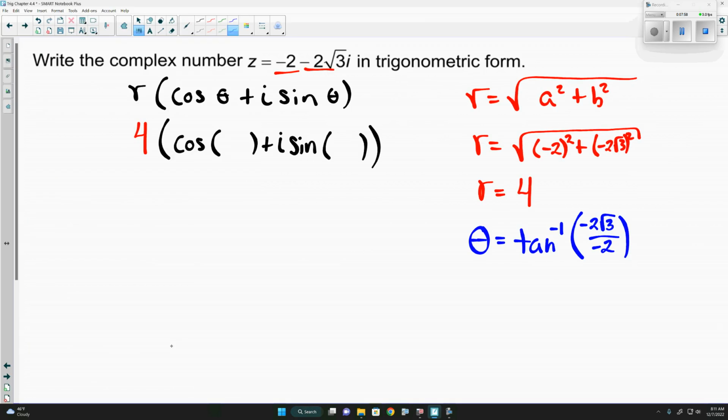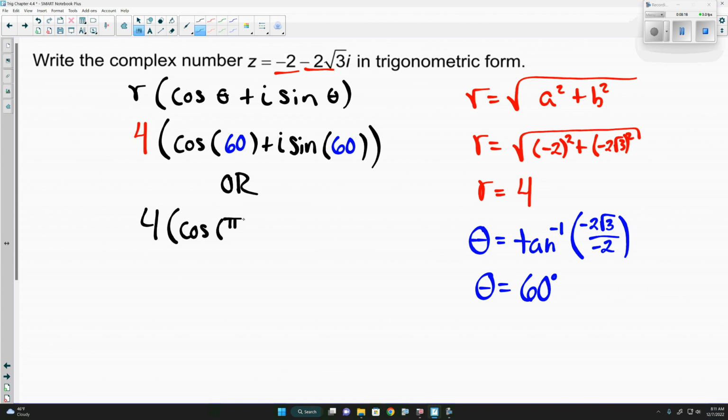So here we can say theta is 60 degrees. And that's our answer. Or we can say it's 4 cosine of pi over 3 plus i sine of pi over 3.